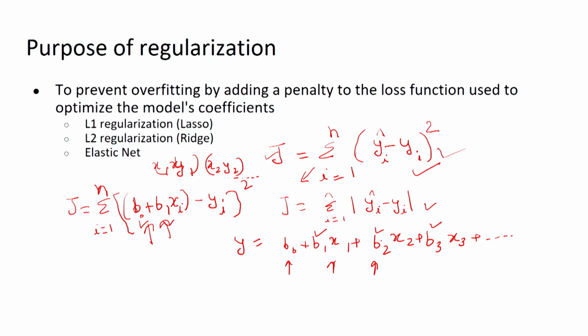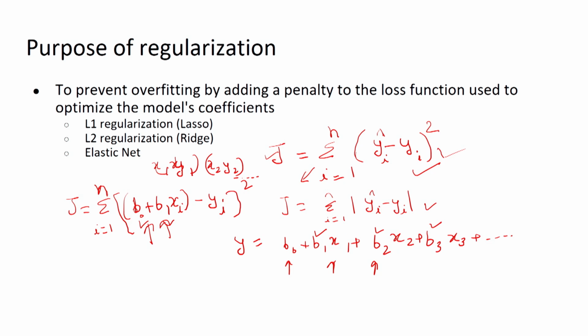If b2 is large, we will say there is a strong relationship between y and x2. The weight corresponding to x2 is more, which means we are giving more weightage to those independent variables that are more important for predicting the value of y.